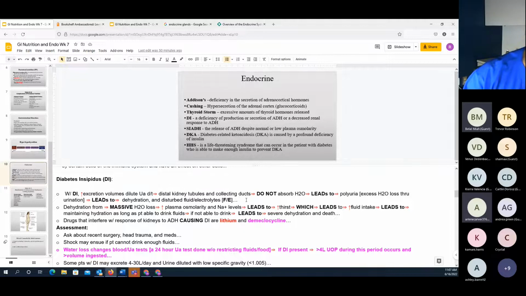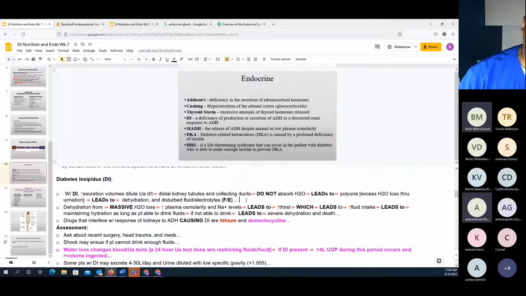And so their sodium levels appear high because they're concentrated. So the sodium levels are high internally, but if you talk about the urine specific gravity, it will show more dilution because these patients are excreting lots of fluids, right? So they can become severely dehydrated.